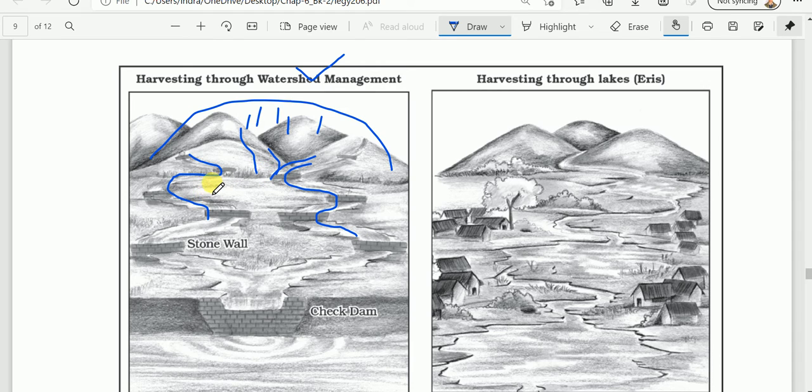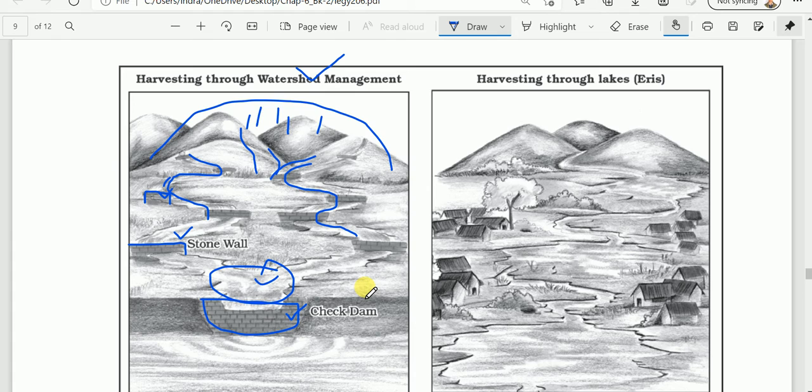And here we are constructing check dams. I think you may be seeing a stone wall here, constructed across the stream. So here we have a stone wall, and this is another stone wall, thus making a small dam here. And here also a stone wall, thus making a small dam. So this wall is known as a check dam.